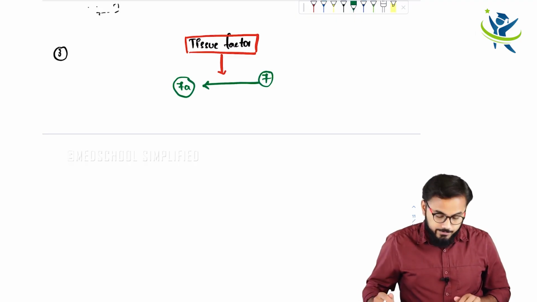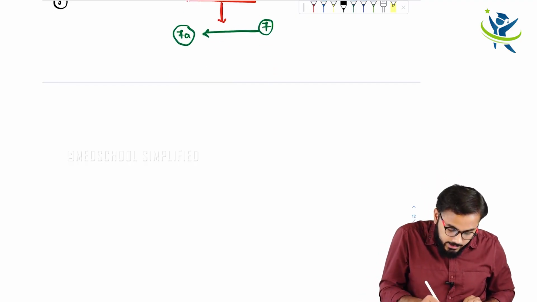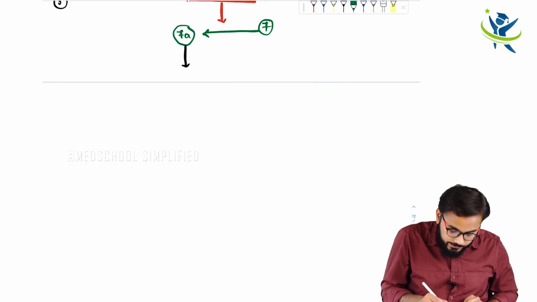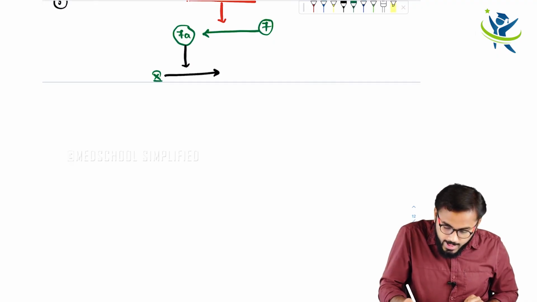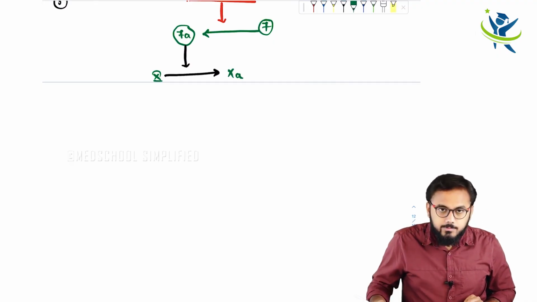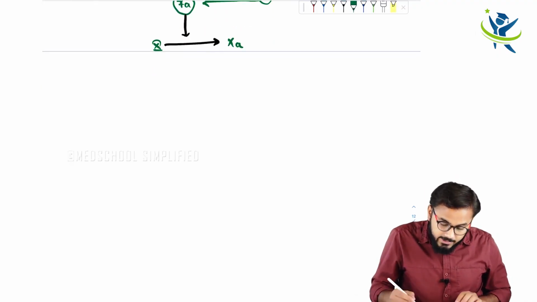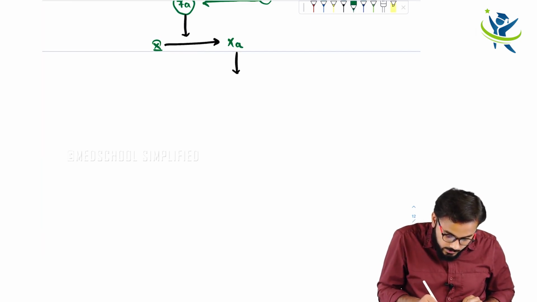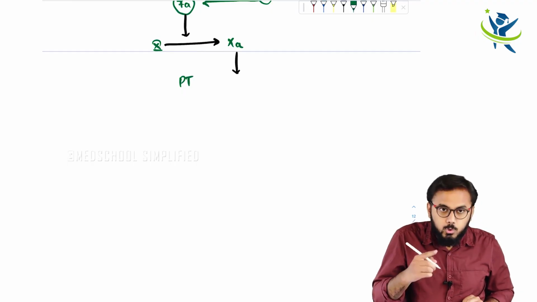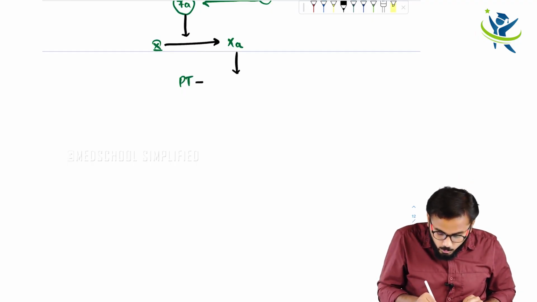Now this 7A will in turn convert factor 10 to activated factor 10. Now this activated factor 10 will in turn convert PT, prothrombin, to thrombin.